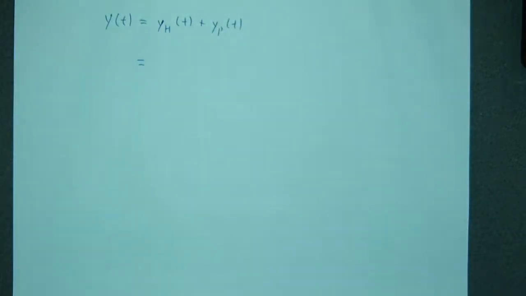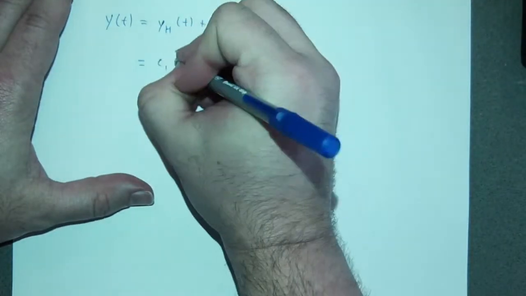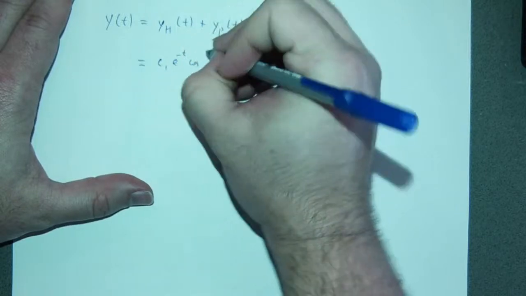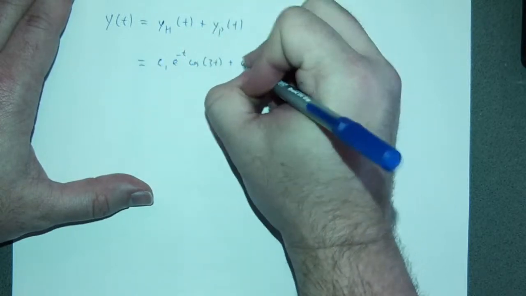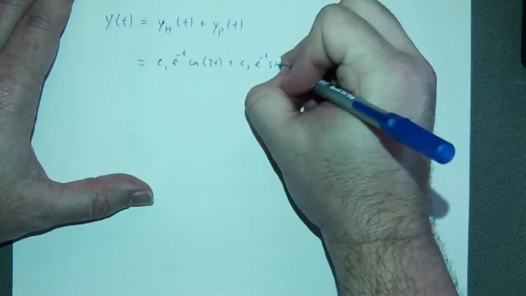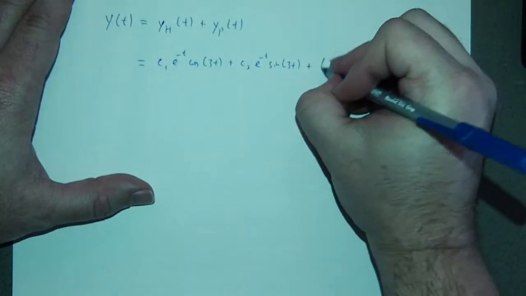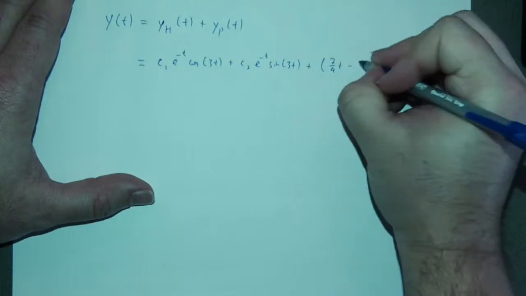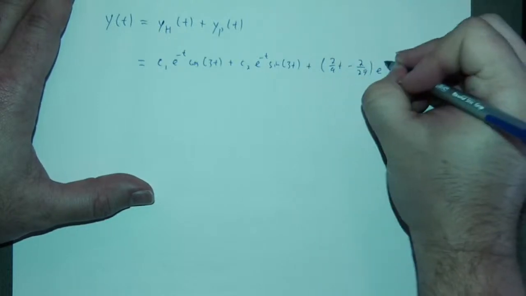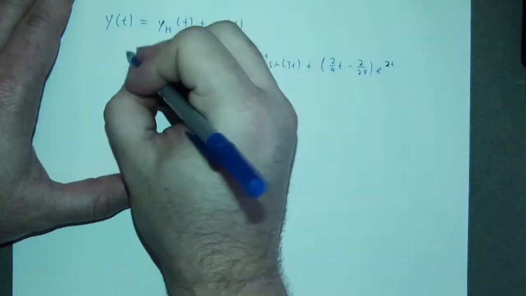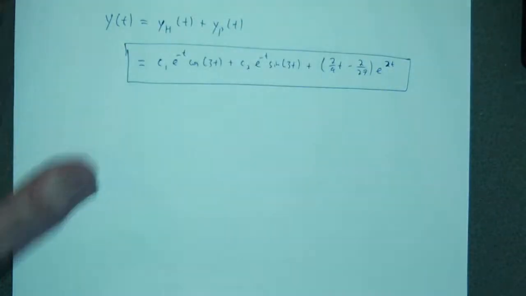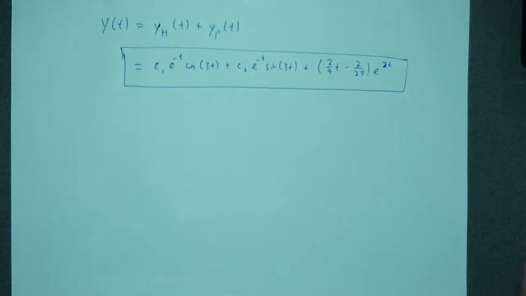So this is c1 e to the minus t cosine of 3t plus c2 e to the minus t sine of 3t plus this particular solution we just found, which is 2/9 t minus 2 over 27 times e to the 2t. Okay. So that is how that works.